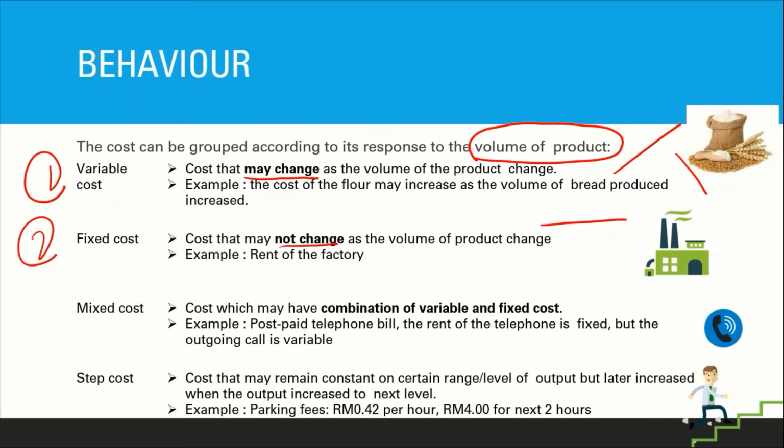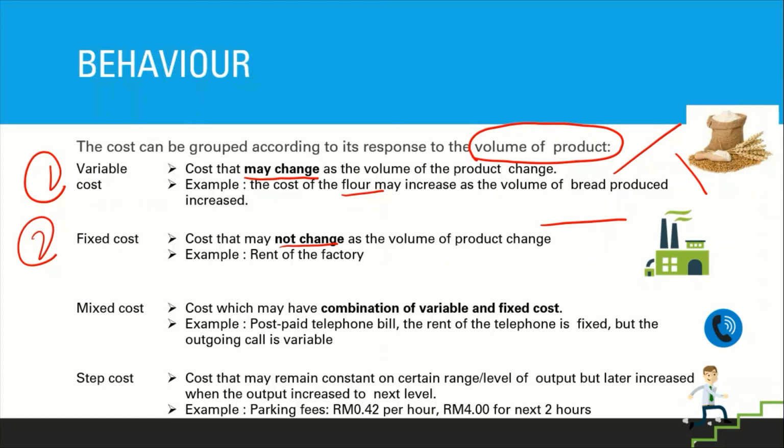That is fixed cost. Different from variable costs, such as the cost of the flour, which may increase with the volume of bread produced. The cost of the flour may change due to inflation or a rise in price. Anything that causes the material price to go up will make the bread cost go up.